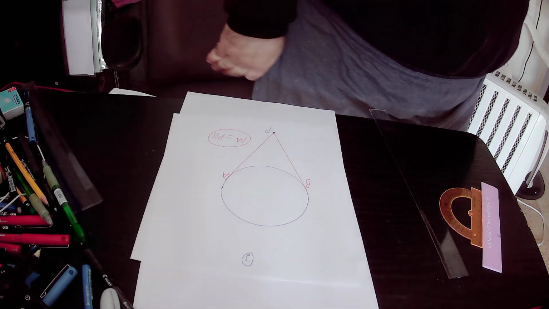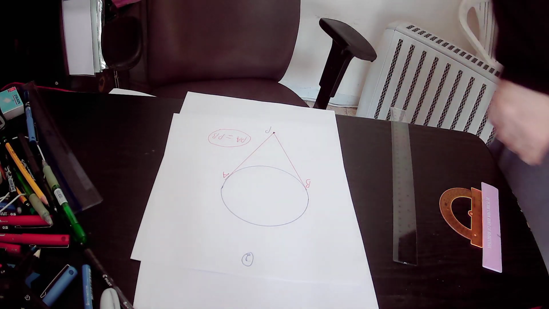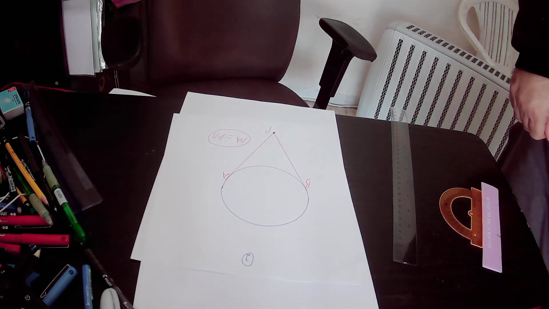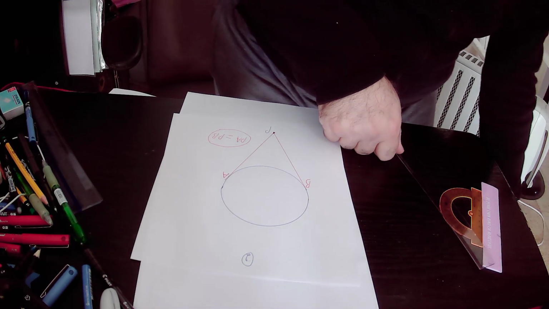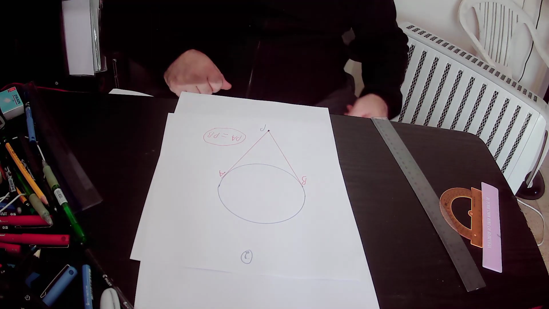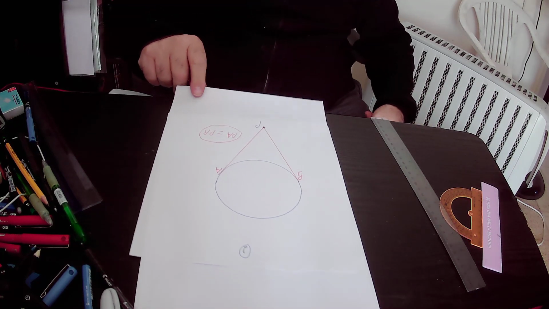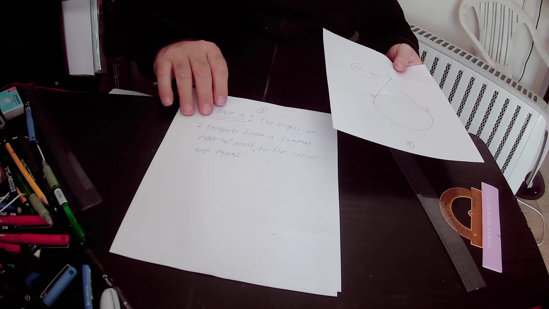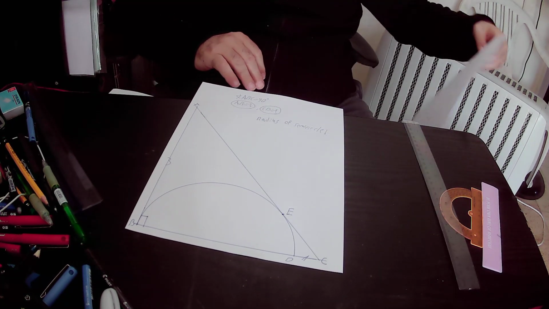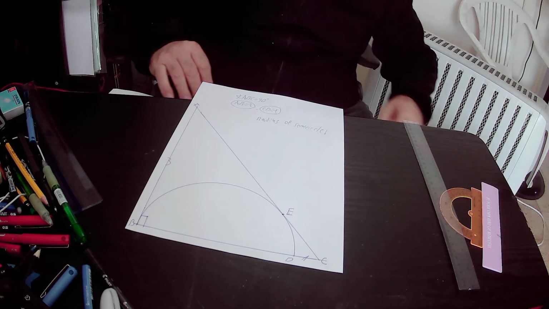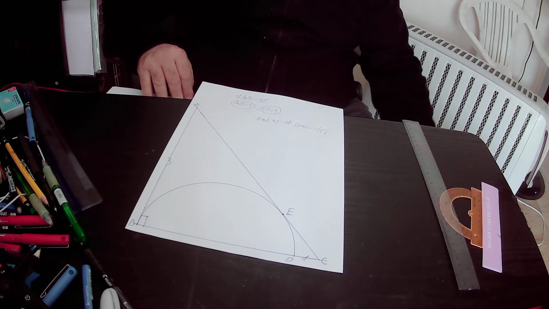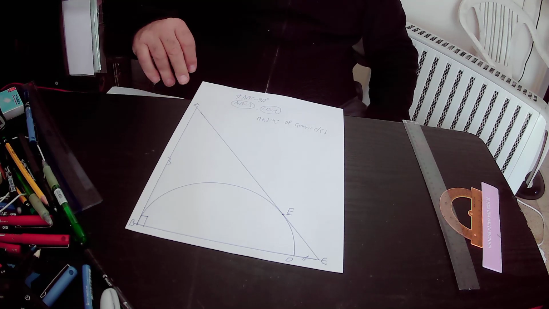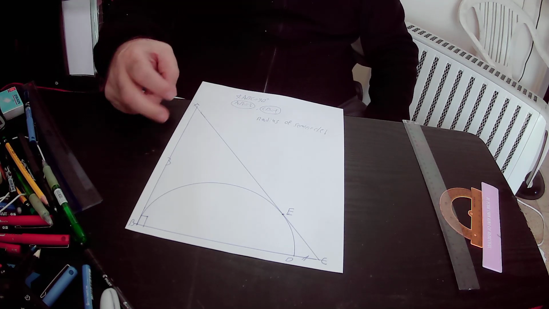Okay, so actually we can implement rule number 1 in our drawing. Because in our drawing, from point A we have tangent AB.